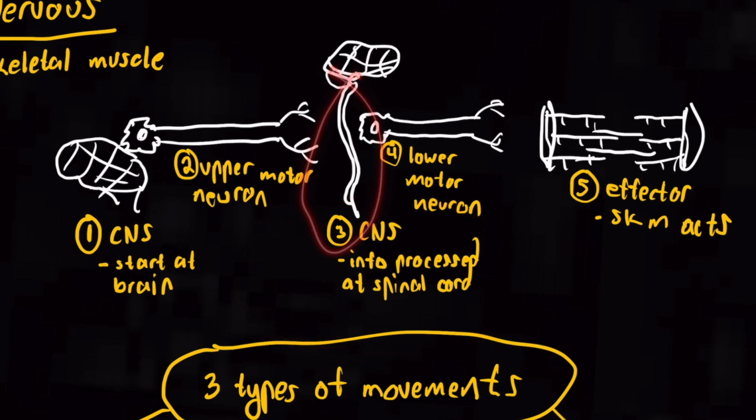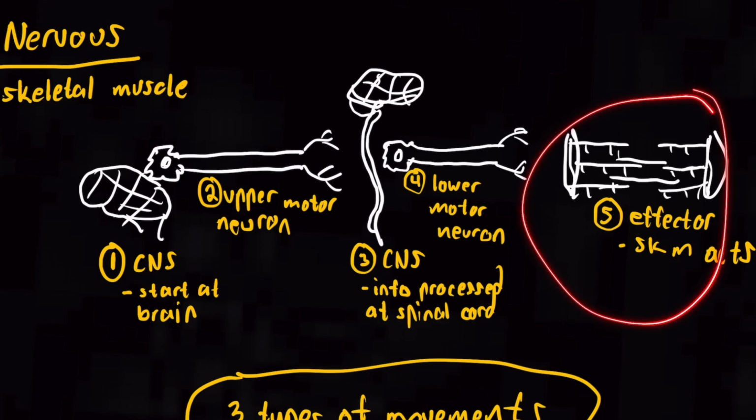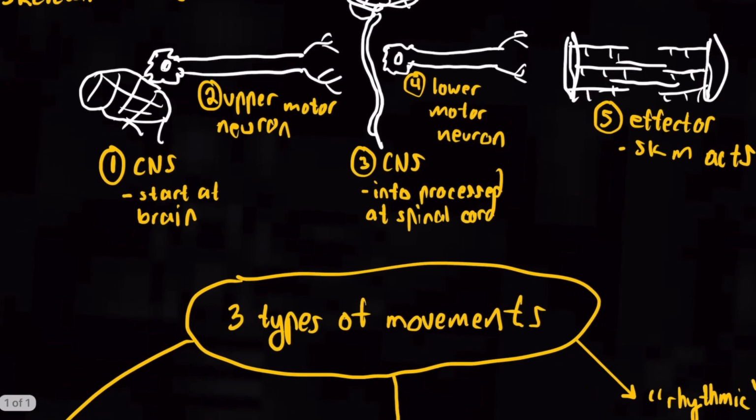Then from the spinal cord, signals will be sent onto the lower motor neuron, eventually reaching the effector, the component of this somatic nervous system that will act upon that stimulus, which is the skeletal muscle. So, not cardiac muscles or glands or smooth muscles, but skeletal muscle.